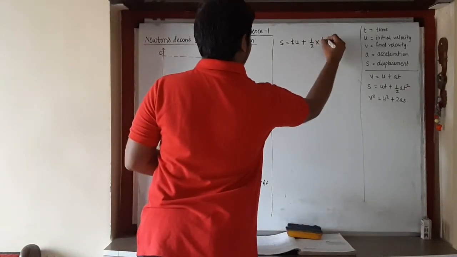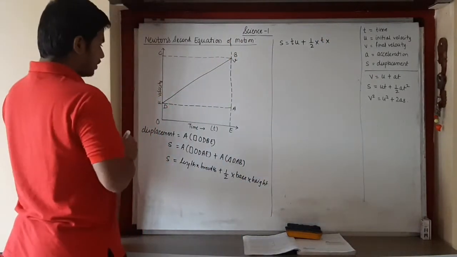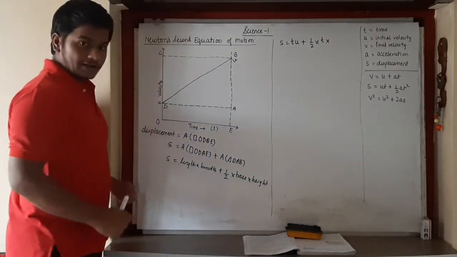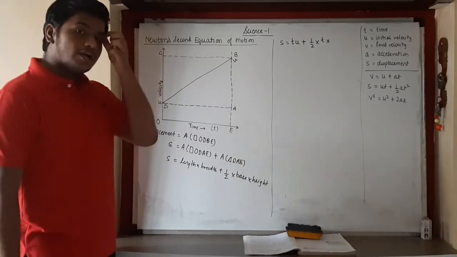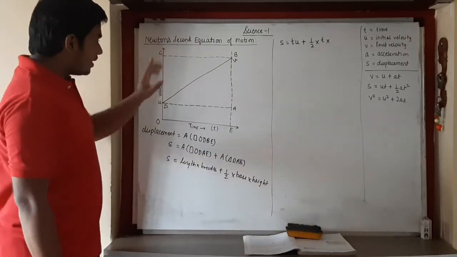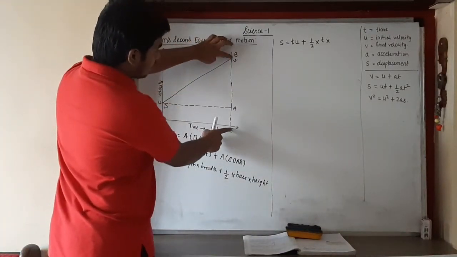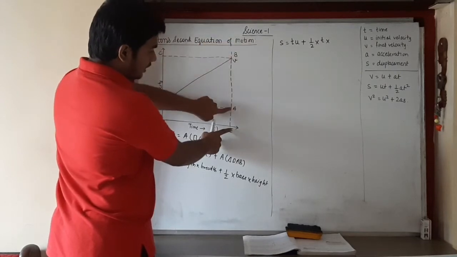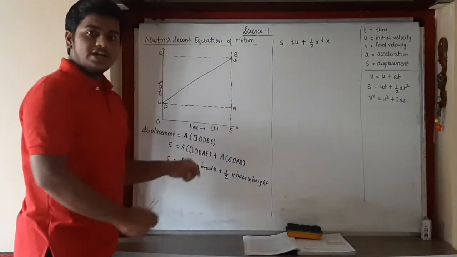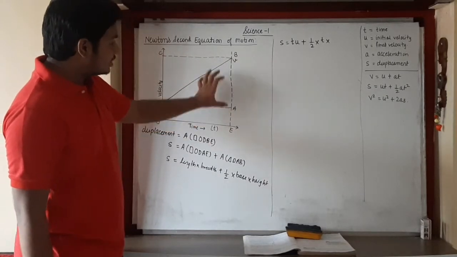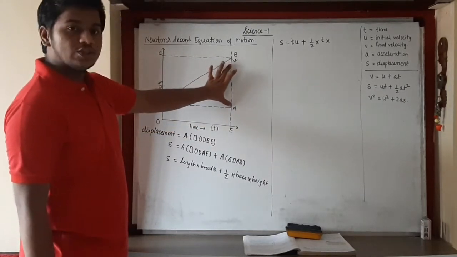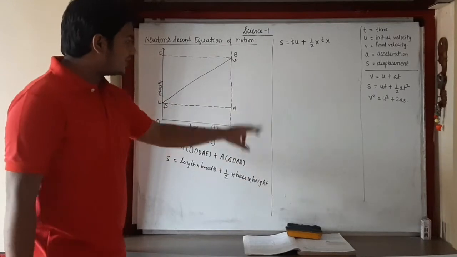So we'll write here t multiplied by, now we want the height of the triangle. Now height of the triangle is AB. We do not have any symbol showing AB, but we know that entire length of EB is our final velocity and length of AE is our initial velocity. So if we subtract final velocity minus initial velocity, we will get the length of AB, that is the height of the triangle.